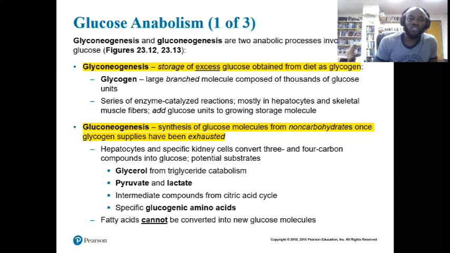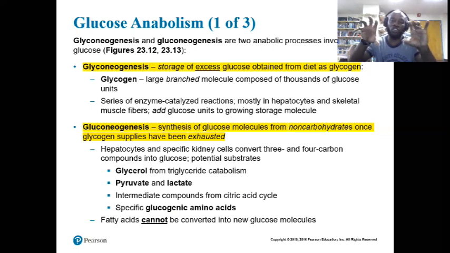You also have gluconeogenesis, synthesis of glucose molecules from non-carbohydrates. So once glycogen supplies have been exhausted, the hepatocytes and specific kidney cells can convert 3 and 4 carbon compounds into glucose. So glycogenesis is basically taking glucose molecules and just adding them on in a chain.